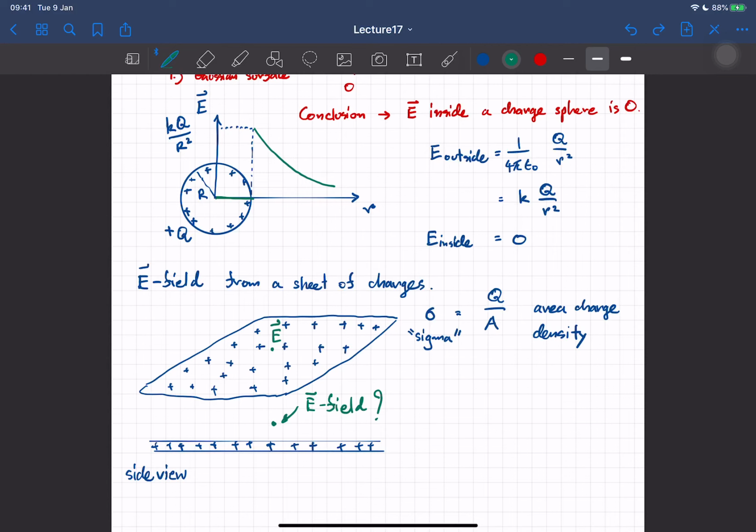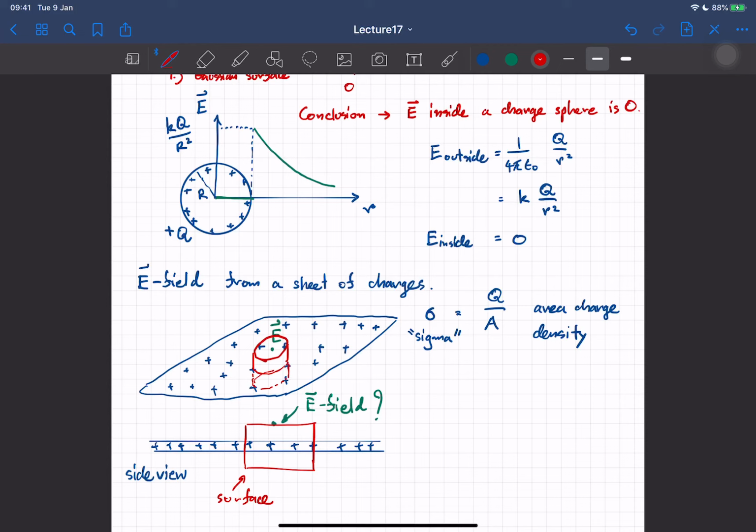So how do we choose the Gaussian surface for this situation? We're going to choose it like this. Sideways it's going to look like this. So this is our surface. And in a 3D drawing, it looks something like this.